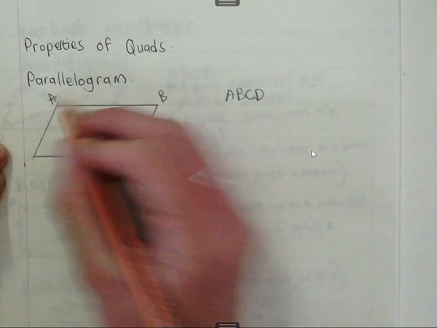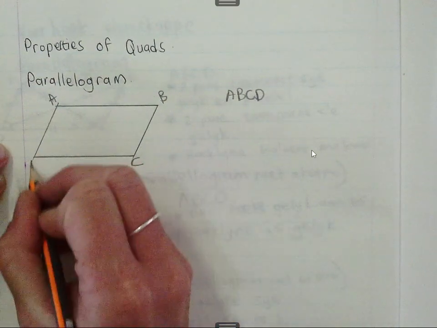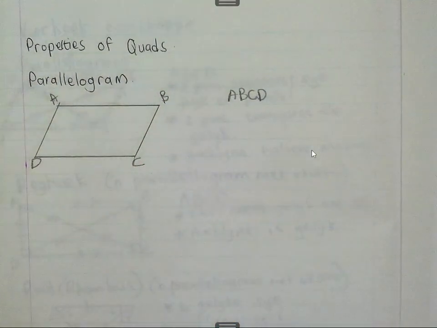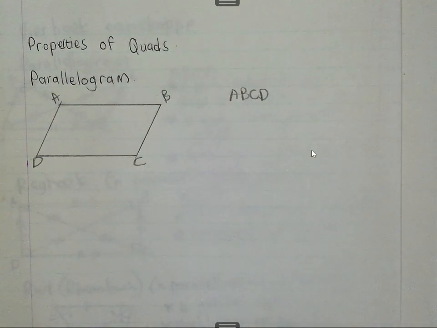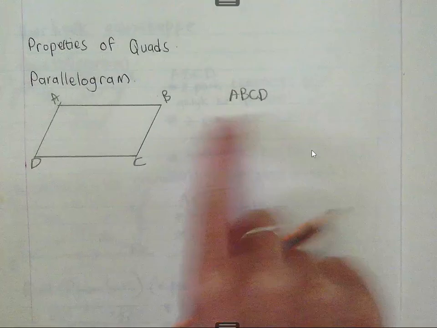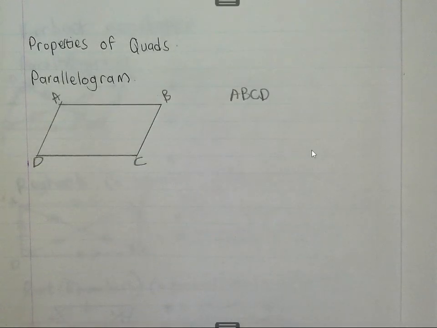Now you will see when we get to the old examination papers that this plays a very important role. The way you know where that letter or where that dot is going to be is according to the order of the letters.